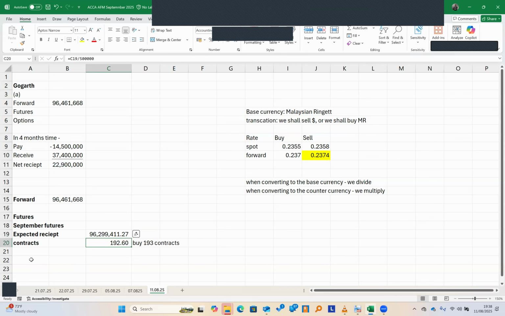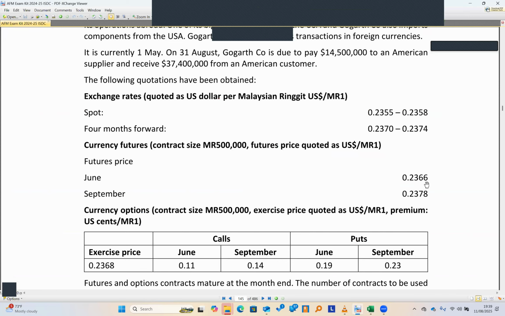So now from there, as I said, since we have to get our transaction in August and rather this ending in September, so we are going to have to calculate basis. Now for basis, what you need to do is basically calculate. Basis is usually the difference between the futures price, which is 0.2378, and the spot.